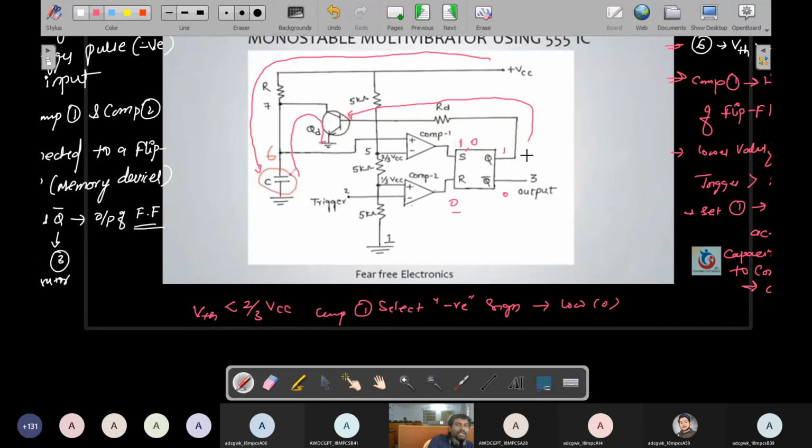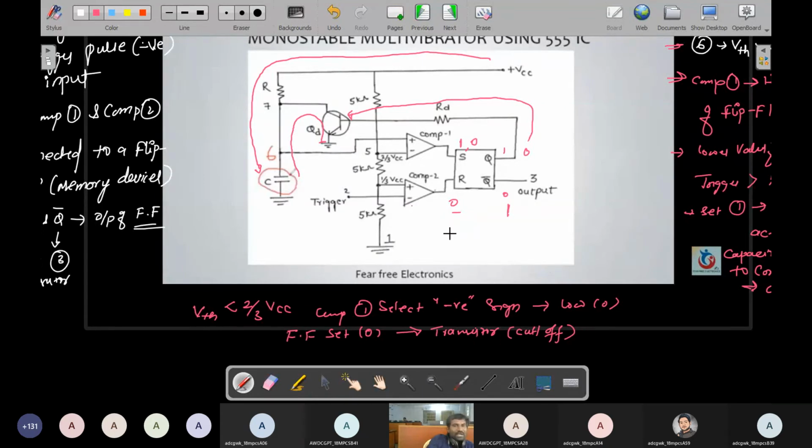Then set is 0, then your Q will be 0 and your output will be 1. Now this 0 is directly connected to the base of the transistor. So when flip-flop set is 0, this 0 is transferred to the transistor, and this transistor is right now cut off because a low value is given to the transistor base terminal.